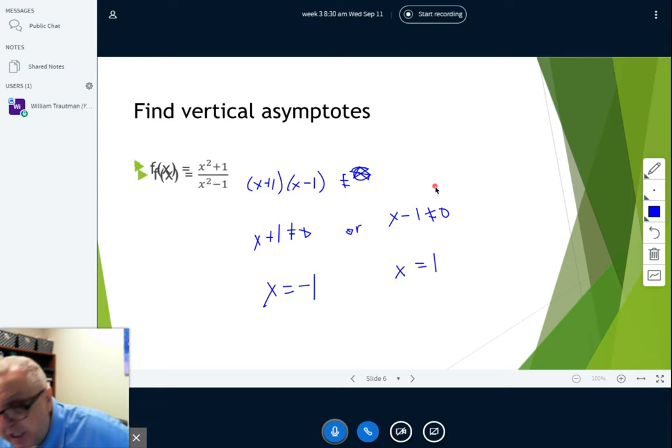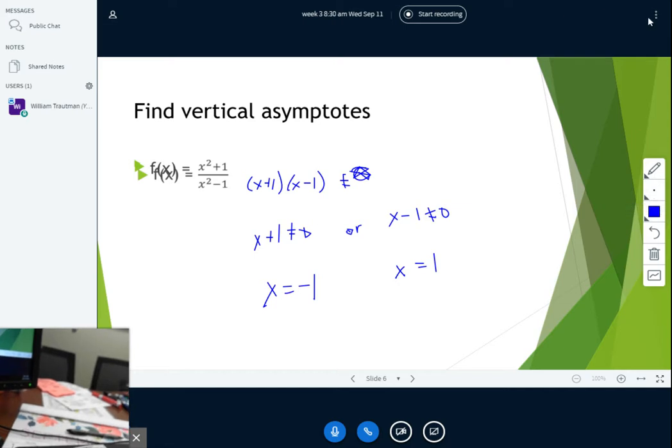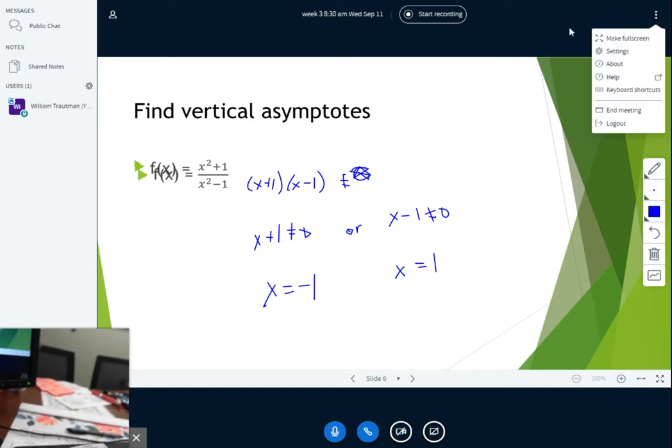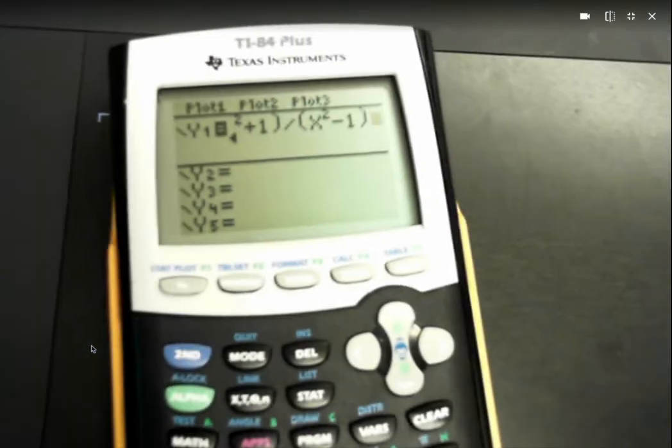I'm going to type this into y equals, parentheses x squared plus 1, divided by parentheses x squared minus 1. And that's the function I typed in.